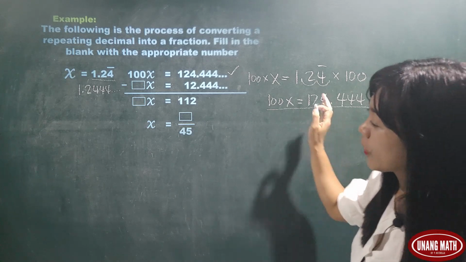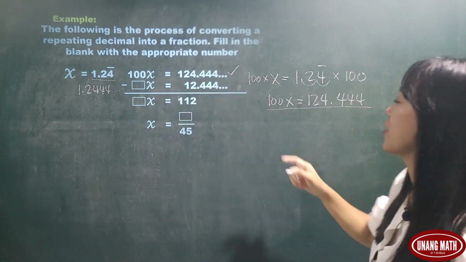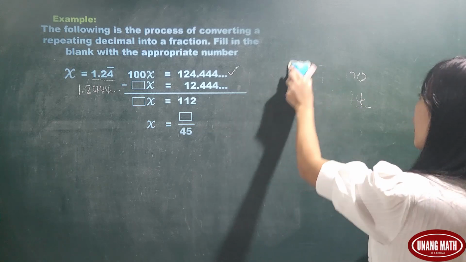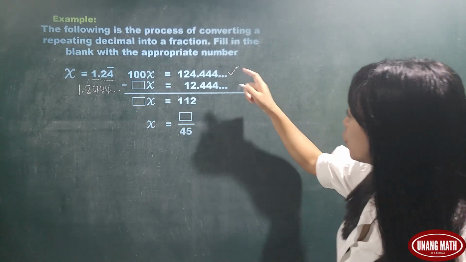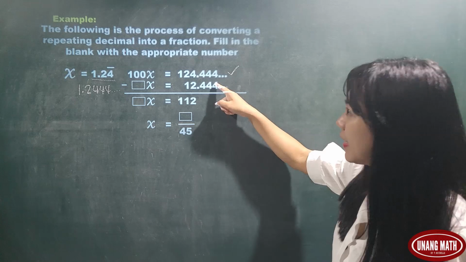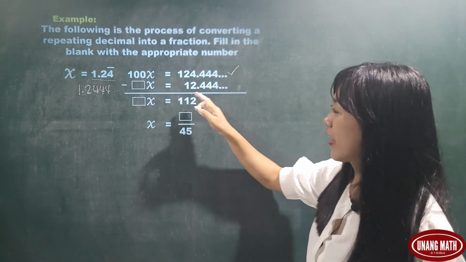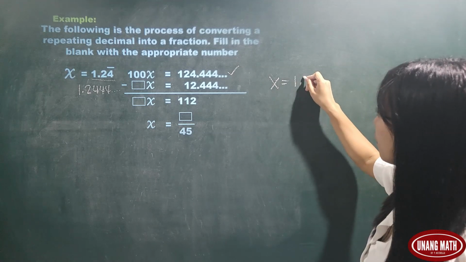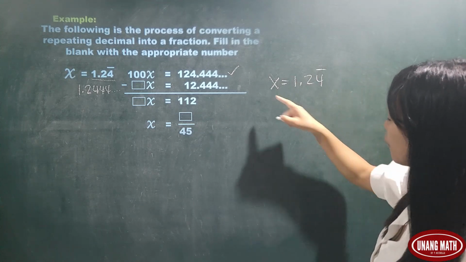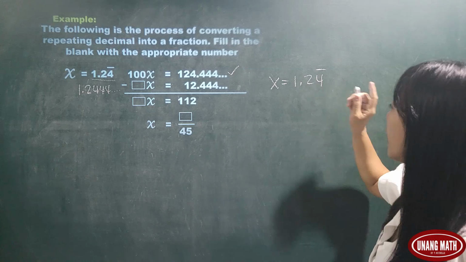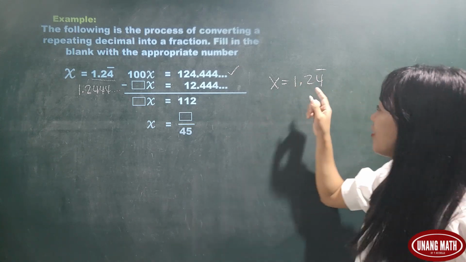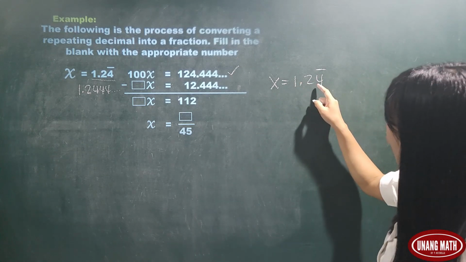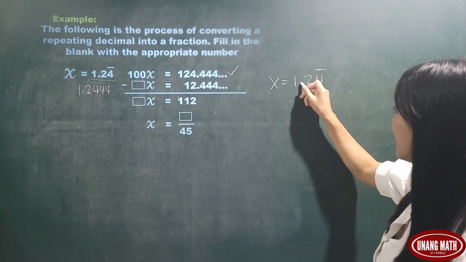Okay, what about our second equation? Take note, our aim is to remove the repeating digits. To do that, for x is equal to 1.24 repeating, for our second equation, only the repeating digit must be on the right side of the decimal point.